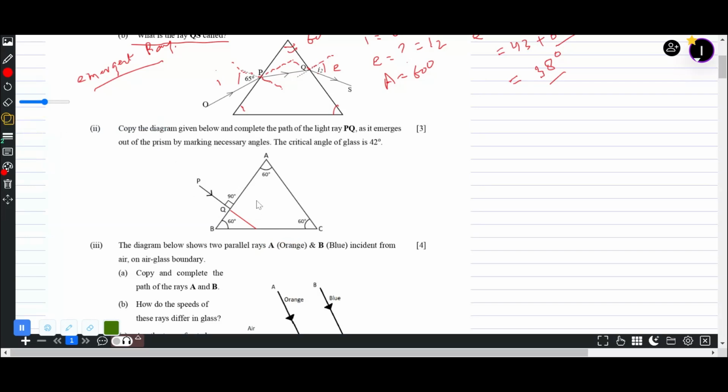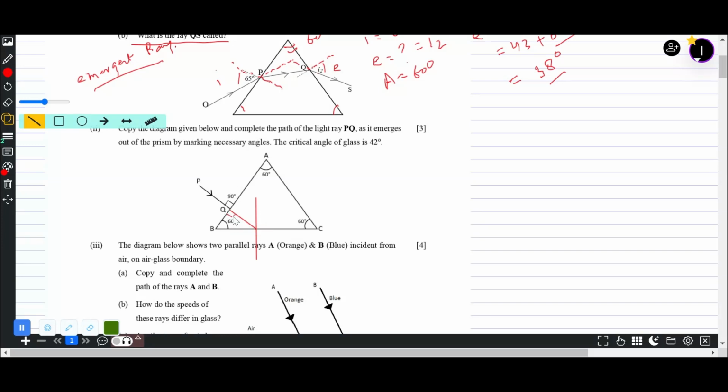Now we will draw another normal from here, like this. So this angle is 60 and this is 90 degrees.